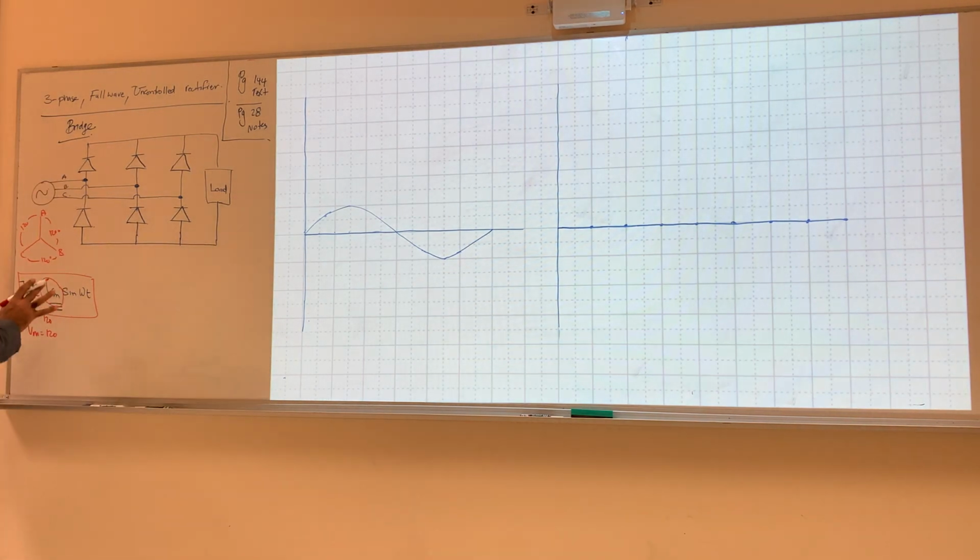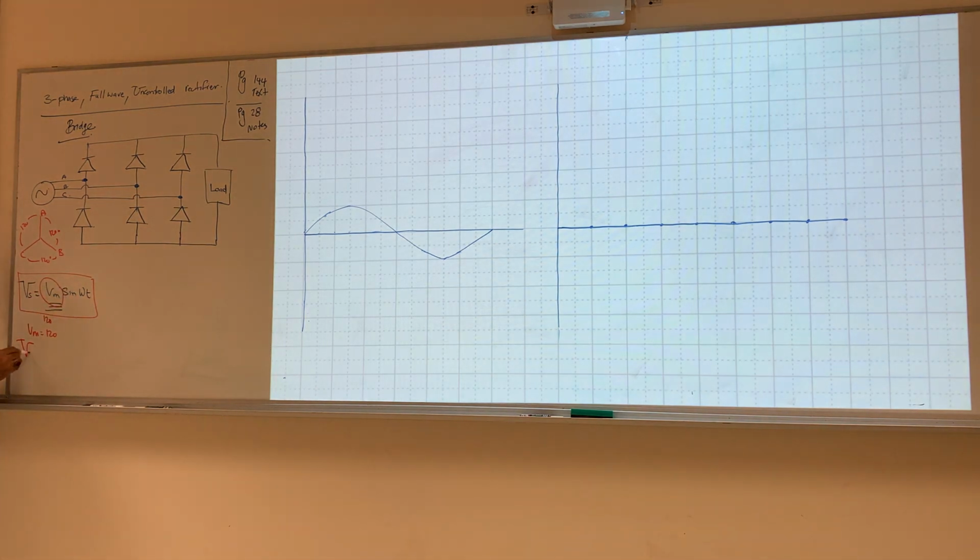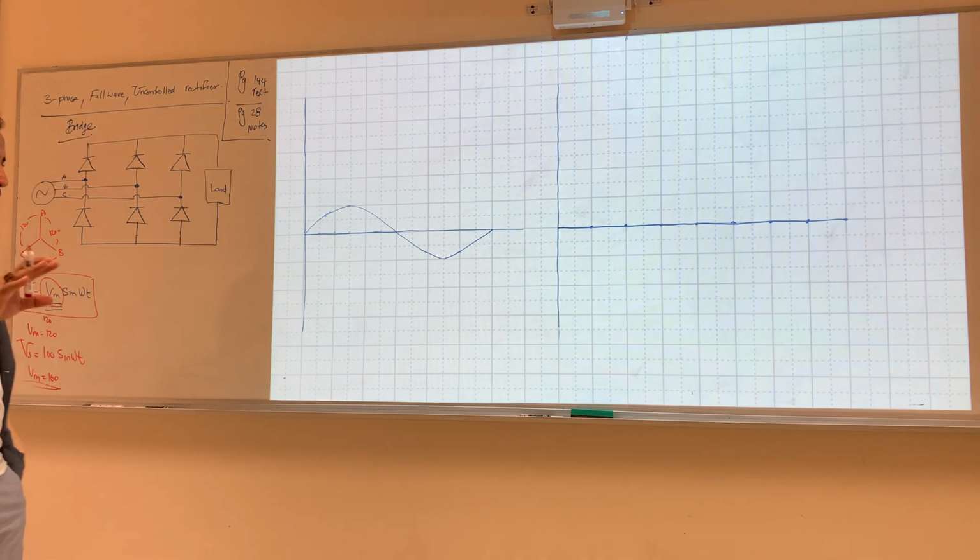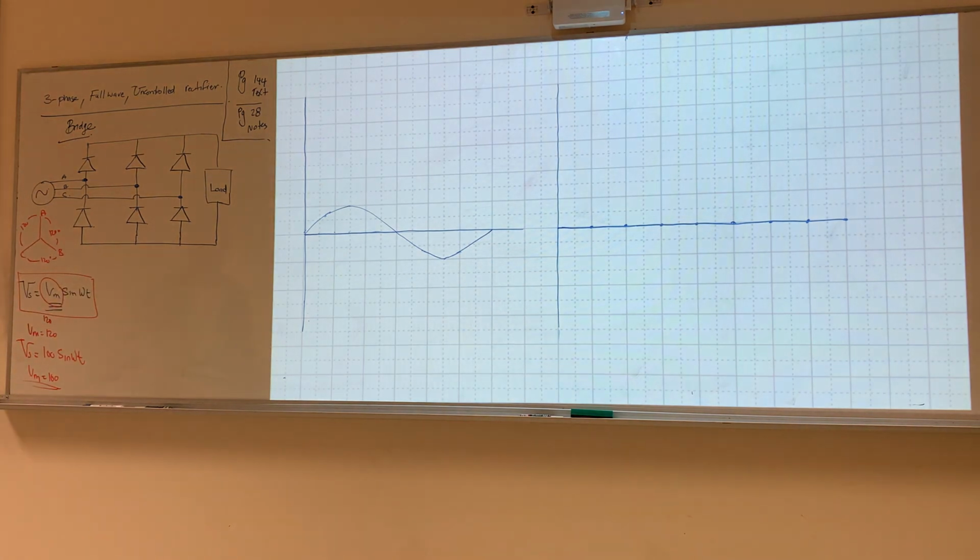If the equation is given like this, V source equals 100 sine omega t, then Vmax equals 100. This is a note just for the whole term. Just know this.